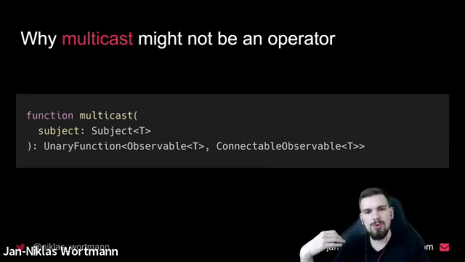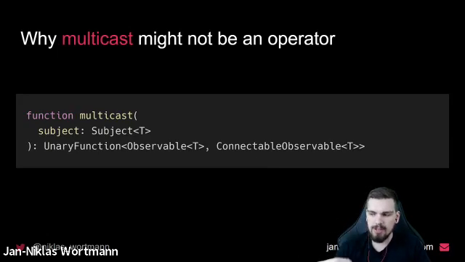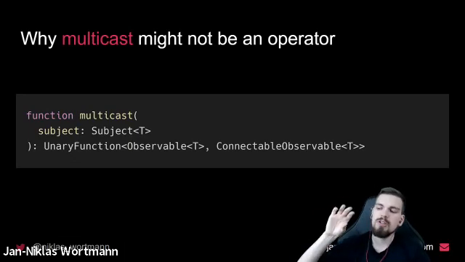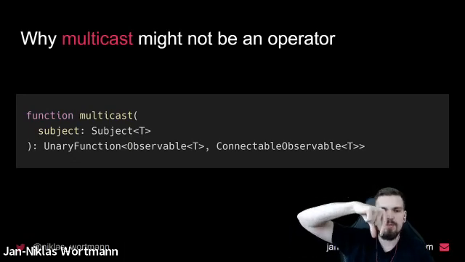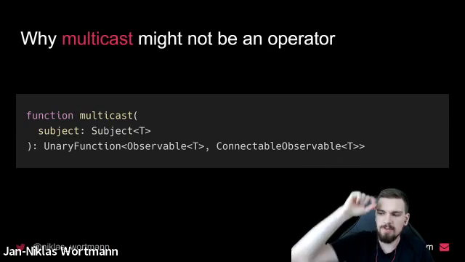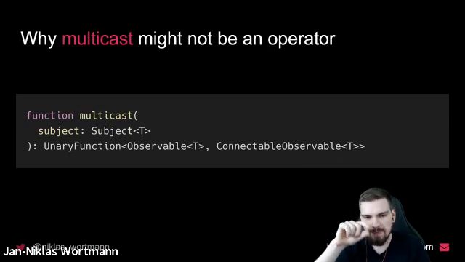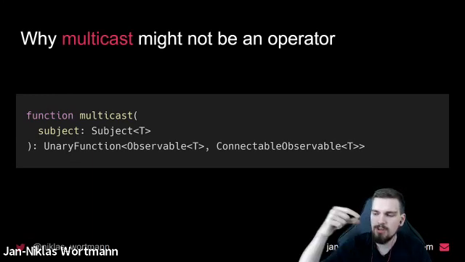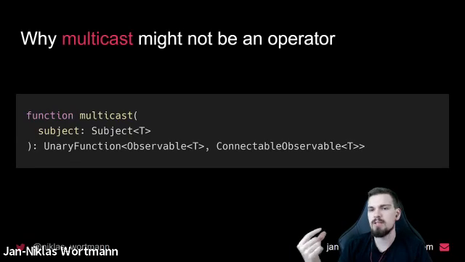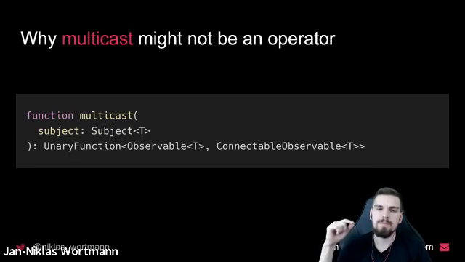Therefore, you have to call connect on the returned observable to make the subject instance under the hood subscribe to the source observable. The common flaw with that is that you can't apply other operators afterwards, because you can't apply operators to connectable observables. You can't just apply them to observables.